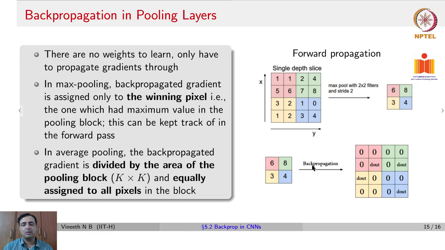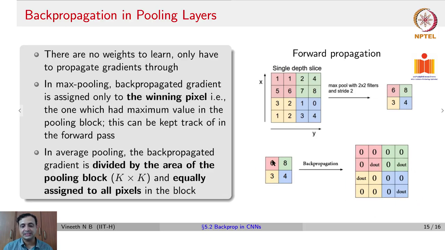In the backprop step in the same layer, you keep track of what was the winning position in each 2 cross 2 window. For example, we know that 6 came from this position of the first 2 cross 2 window. So whatever gradient we have at 6 when we backpropagate goes to that location in the previous layer. Remember, backpropagation is drawn the other way here, but what you see on the right is the previous layer.